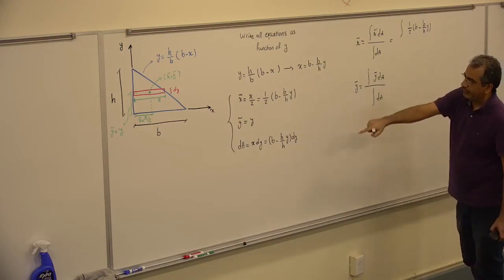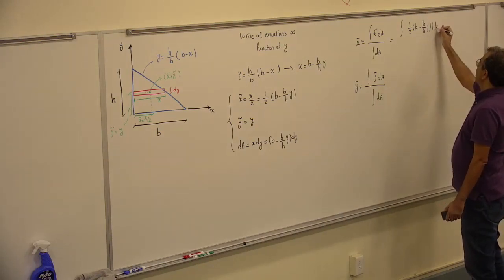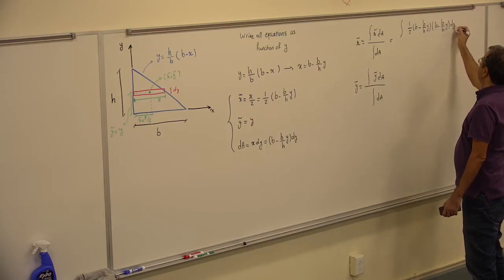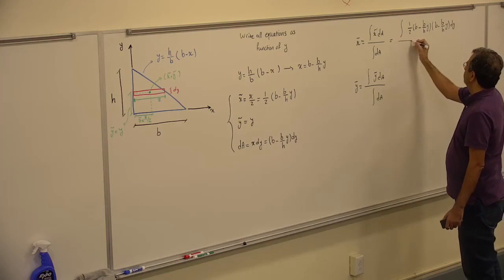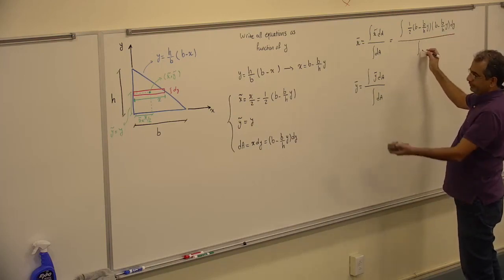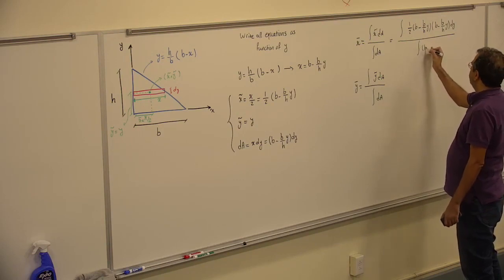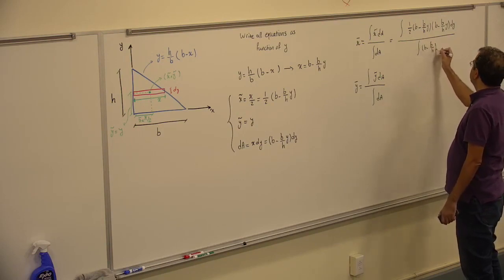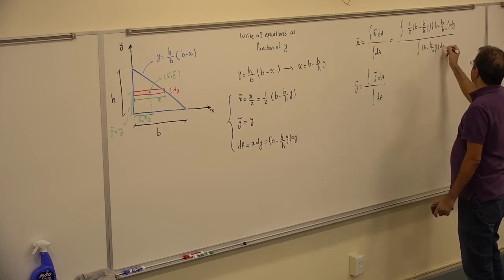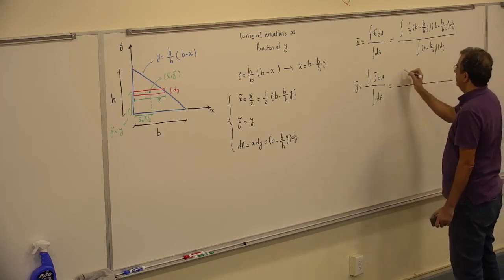That's the x, and dA is b minus b over h y dy. Again, dA is b minus b over h y dy.